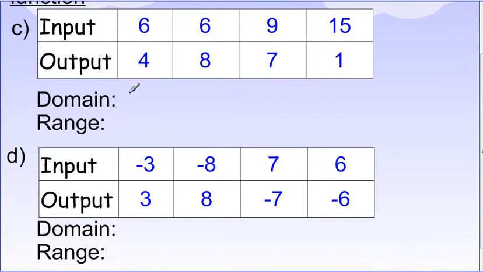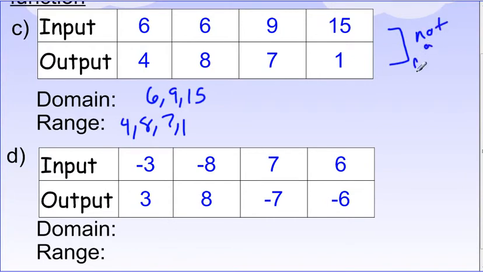Domain here is 6 and 6 and 9 and 15. Outputs would be 4 and 8 and 7 and 1. And technically, you don't need to write 6 twice. And actually, to be perfectly honest, this guy, not a function.